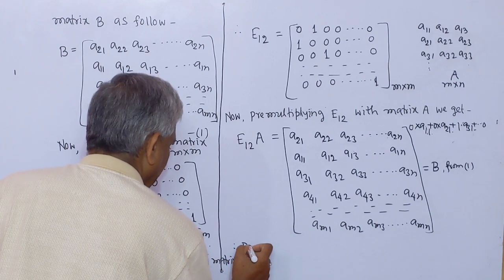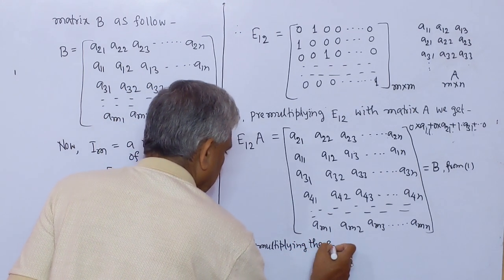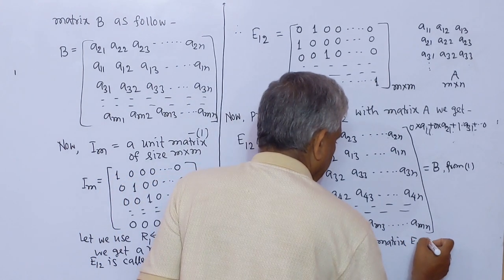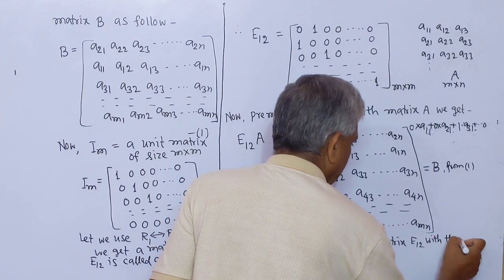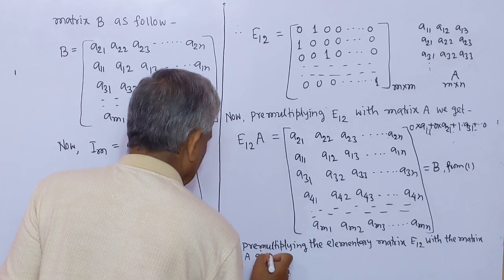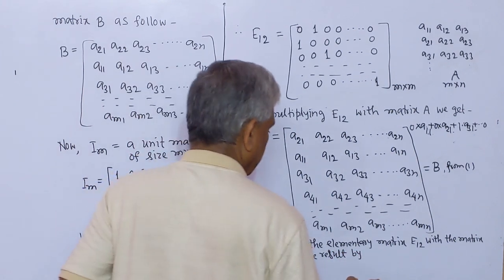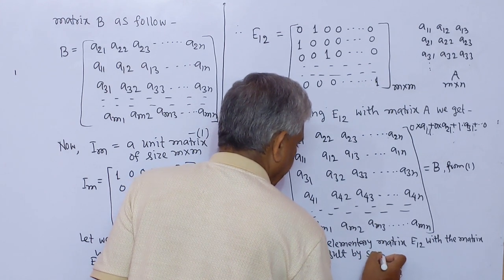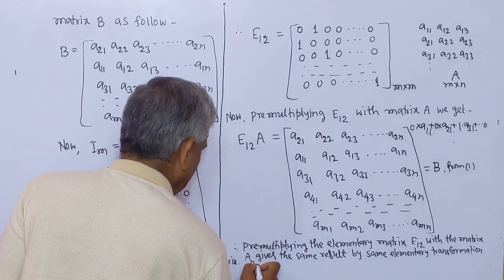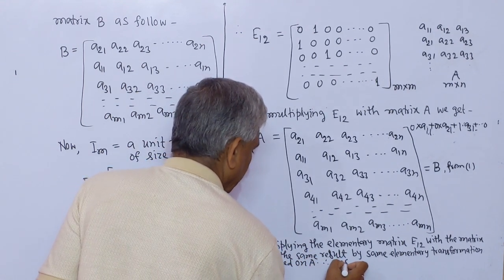Therefore, pre-multiplying the elementary matrix E12 with the matrix A gives the same result as the same elementary transformation performed on A, therefore case 1 proved.